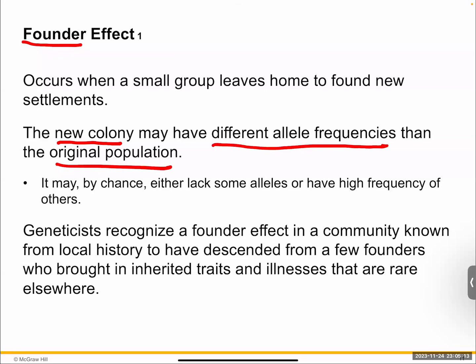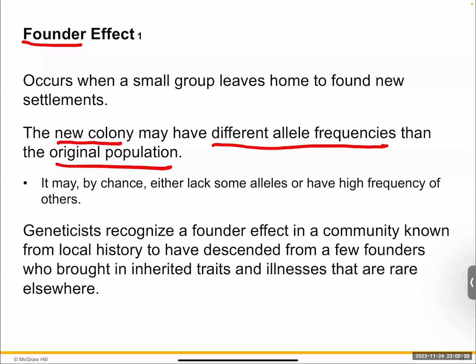Now, we do recognize the founder effect in a community, as well as in our local history that has been established. There are examples where a specific trait has been passed down from one generation to another after the migration, or movement of the population, has taken place.